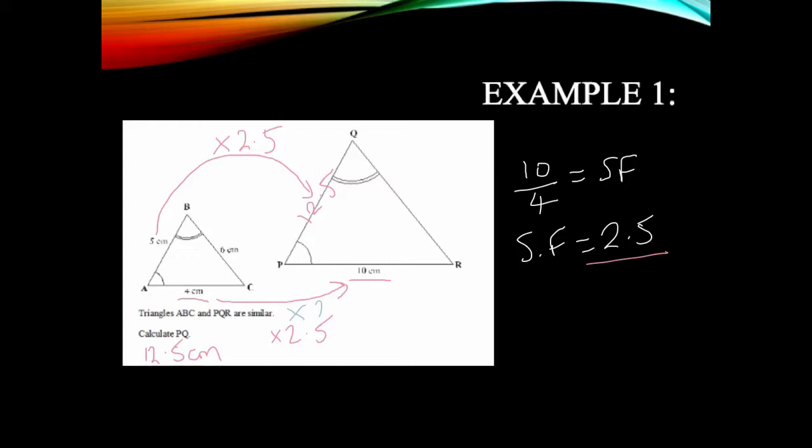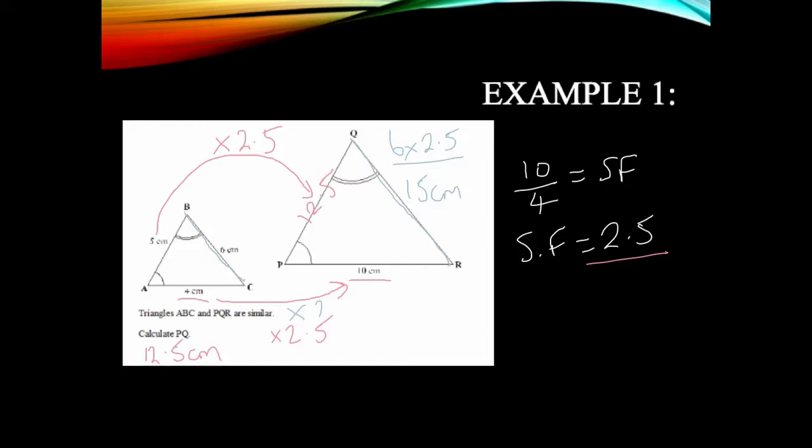So BC down here was 6. QR here is going to be 2.5 times bigger than 6, which is going to be 15 centimetres. So I've done 6 times 2.5 there to get to 15.